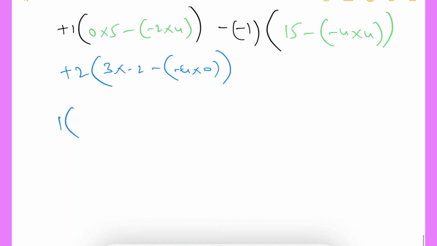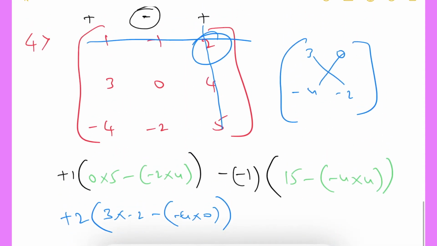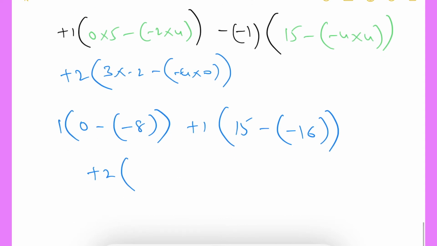1 into 0 into 5, 0, minus 2 into 4, minus 8. Next, minus into minus, plus 1 into 15, minus 4 into 4, it is minus 16, plus 2 into 3 into minus 2, it is minus 6, minus 4 into 0, 0.